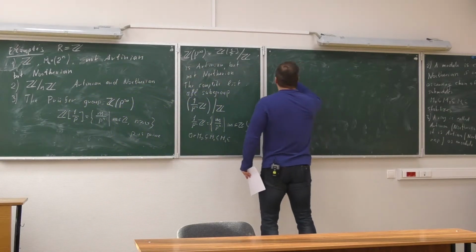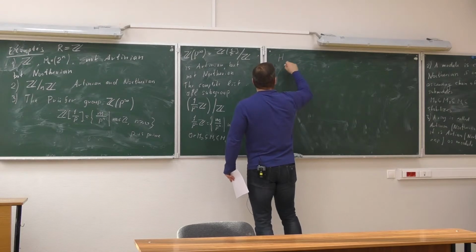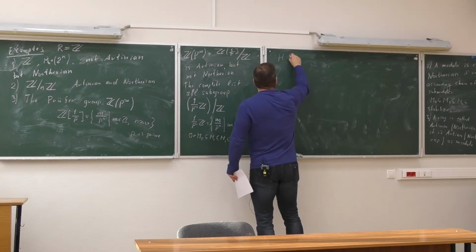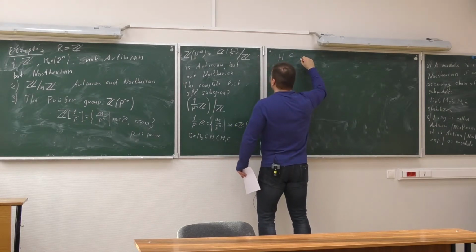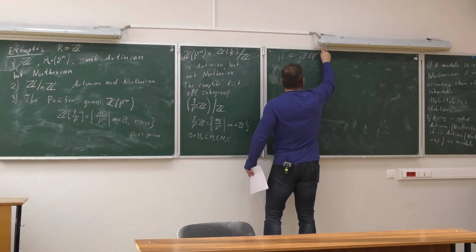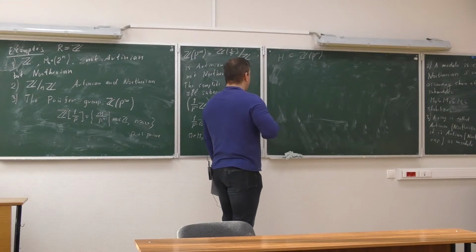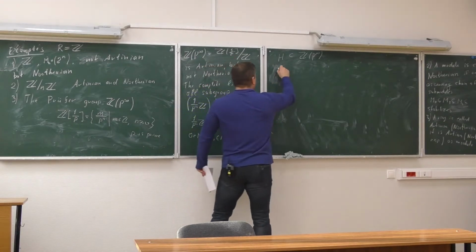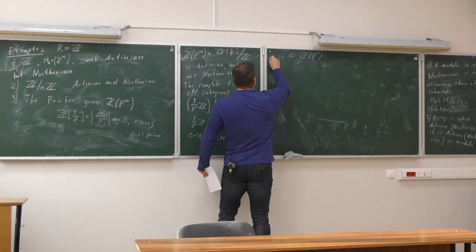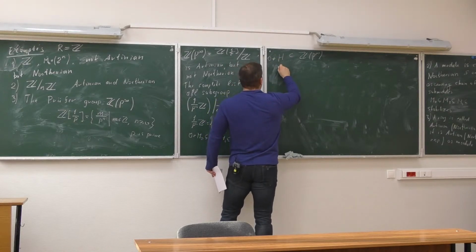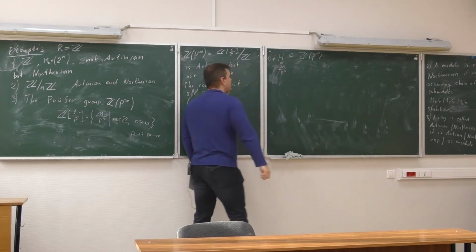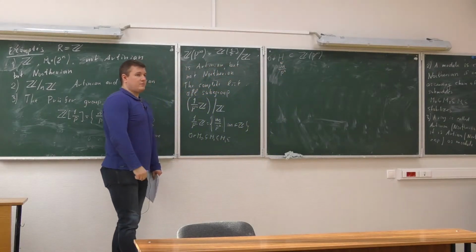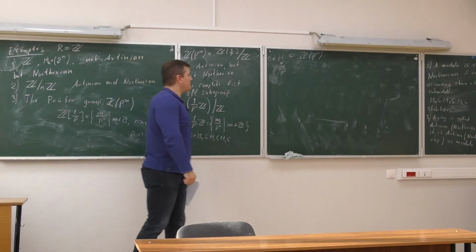Okay, so let's take maybe some subgroup H. Of course, we assume that this is not 0. So there is an element here of the form m over p^n, right? So that's a non-zero element.